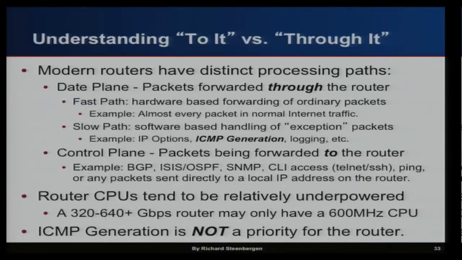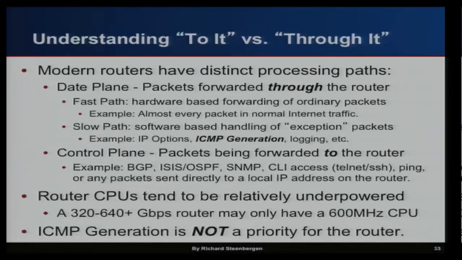The fast path is anything that can be handled well in hardware. It's the ordinary shipping of packets. And the slow path is anything that's an exception packet. Examples of things that cause exception packets: if you have IP options on the box, if you're trying to do source routing through IP options, if you require ICMP generation, so that's the important one for traceroute.